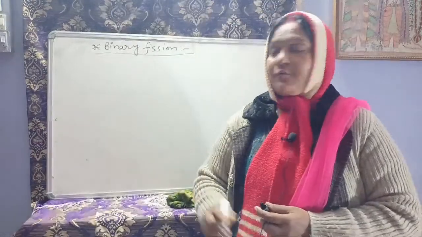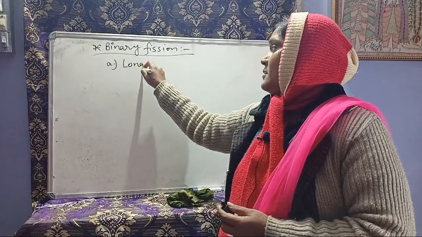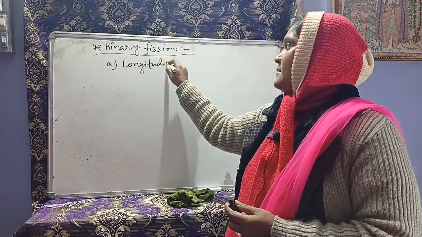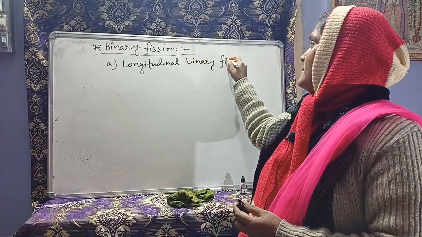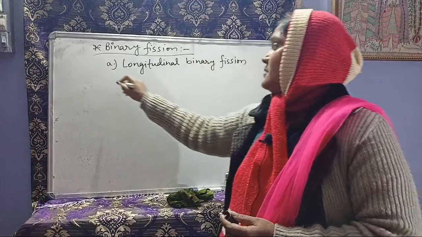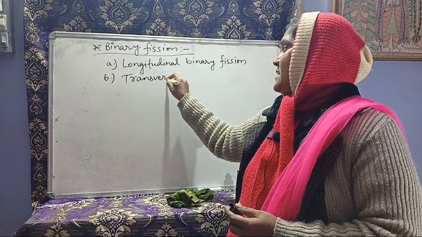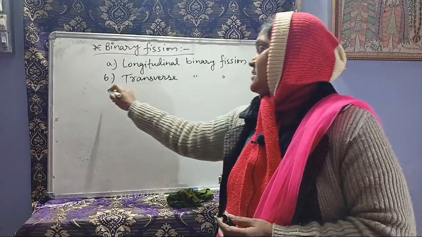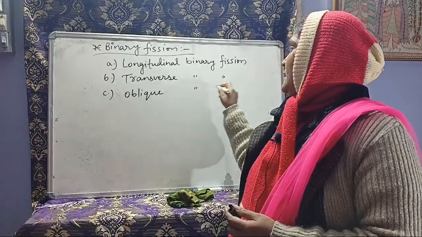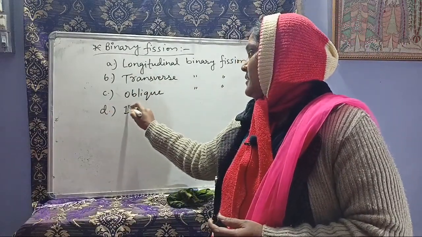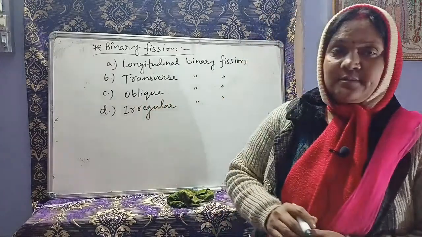Binary fission is of 4 types: longitudinal binary fission, transverse binary fission, oblique binary fission, and irregular binary fission.